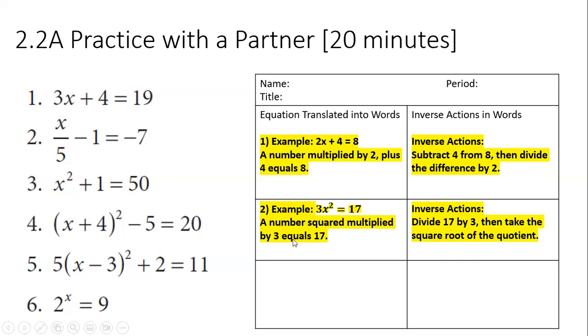Next, on number 2, my example is 3x squared equals 17. What is that in a number sentence? A number squared multiplied by 3 equals 17. Okay. And then the inverse actions. What would I need to do to get x by itself? Well, I would need to divide 17 by 3, then take the square root of the quotient. Okay. Why is it the square root of the quotient?